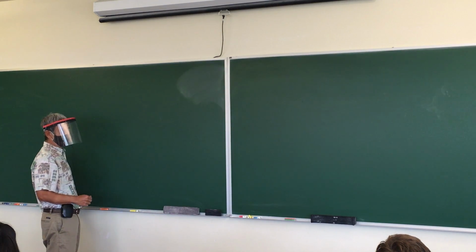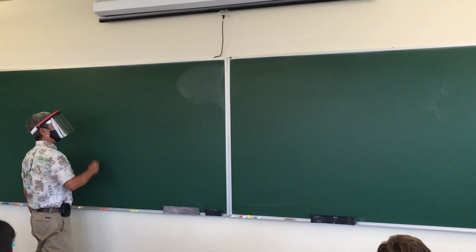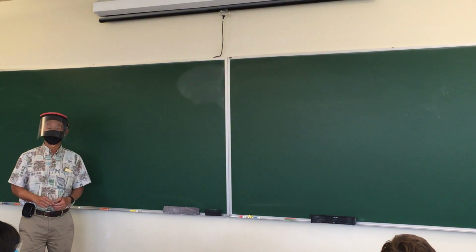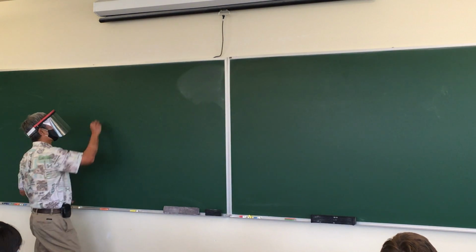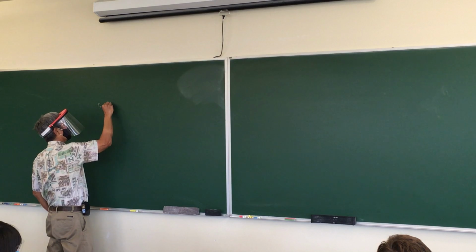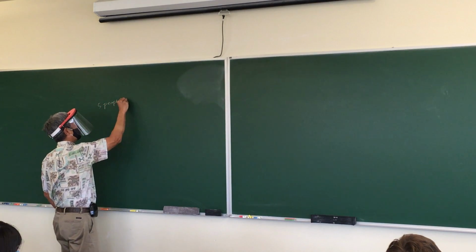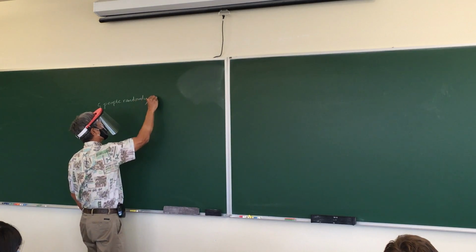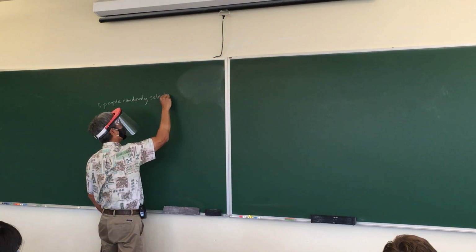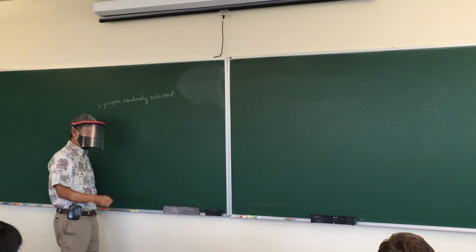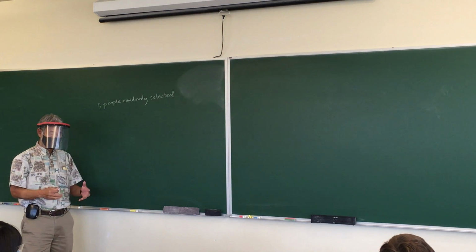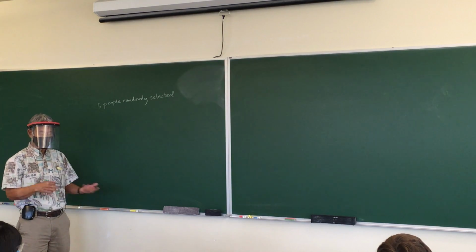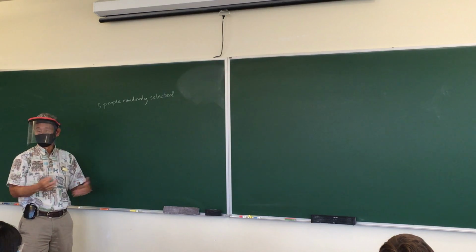Let's see if you guys remember how to do the birthday problem. Let's say 5 people are randomly selected. And we're going to assume that being born in a particular month is the same as any other month.